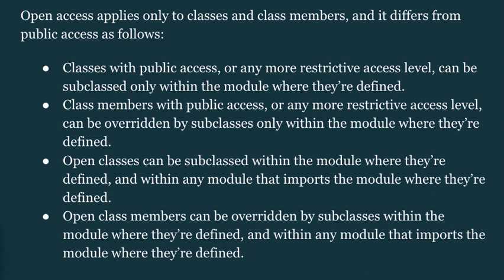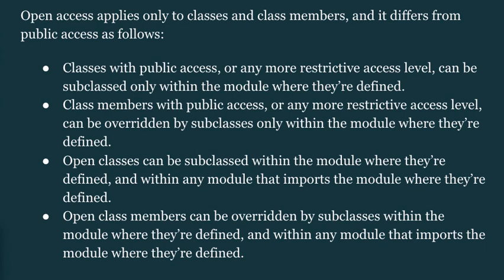Open access applies only to classes and class members, and it differs from public access as follows. Classes with public access or any more restrictive access label can be subclassed only within the module where they are defined. Class members with public access or any more restrictive access label can be overridden by subclasses only within the module where they are defined.